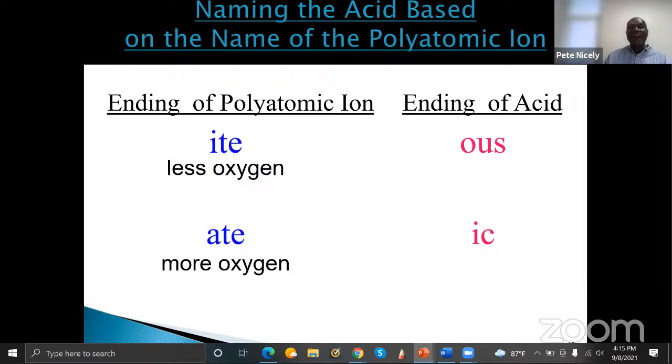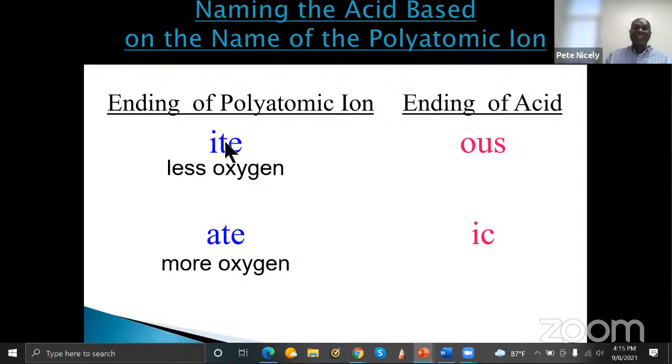If the corresponding polyatomic ion ends with ITE, then the name of the corresponding acid will end with OUS acid. So you're going to replace the ITE with OUS acid. If the name of the corresponding polyatomic ion ends with ATE, then the name of the corresponding acid ends with ic acid, all right? So in that case, you replace the ATE with ic acid.